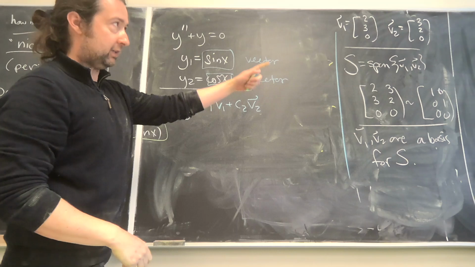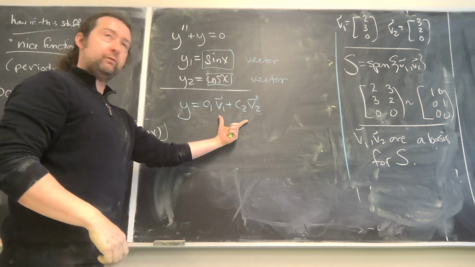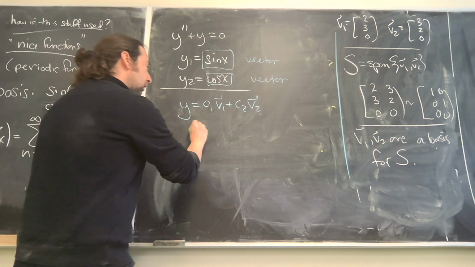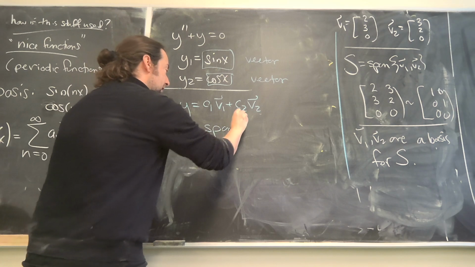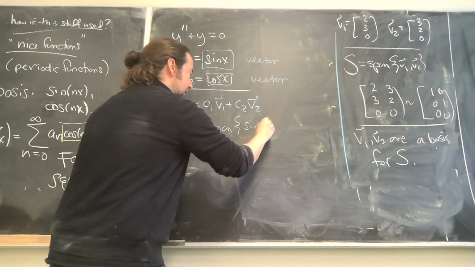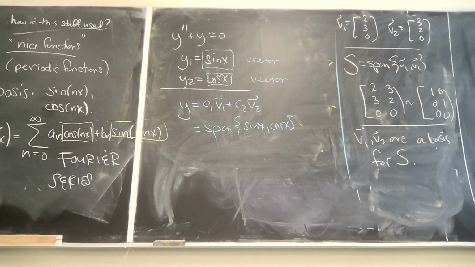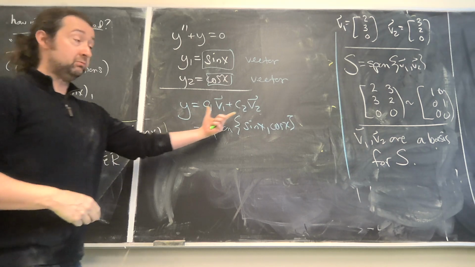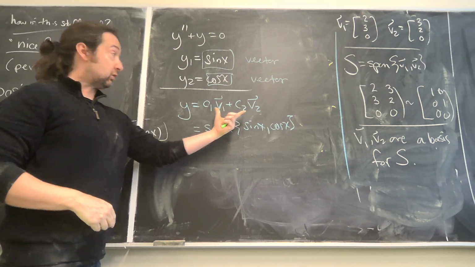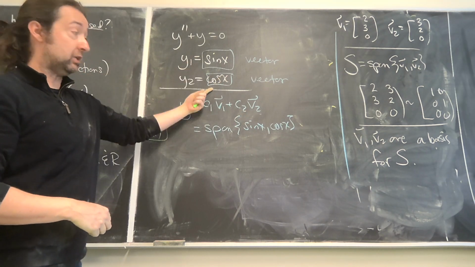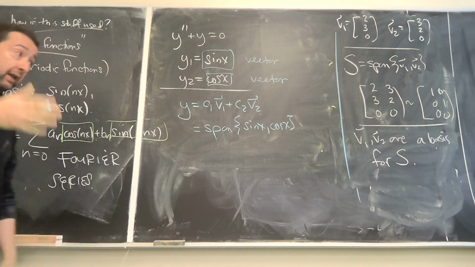Well, that looks an awful lot like what we've been doing: the span of two vectors. But now we're thinking of the span of sine of x and cosine of x, the span of two functions instead of two numerical column vectors. It's just a linear combination. The solutions look like a linear combination of these, so we think of them like they're vectors.